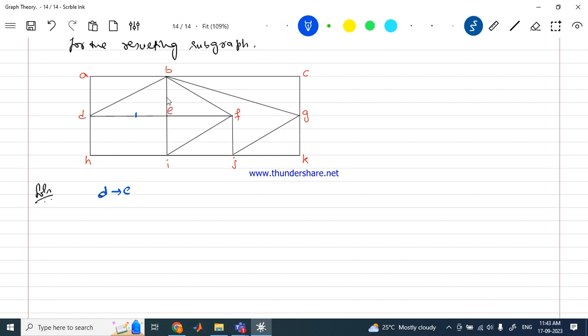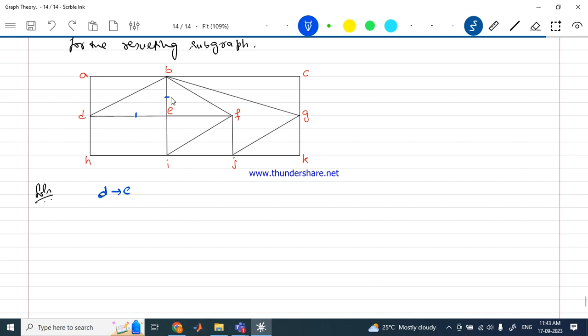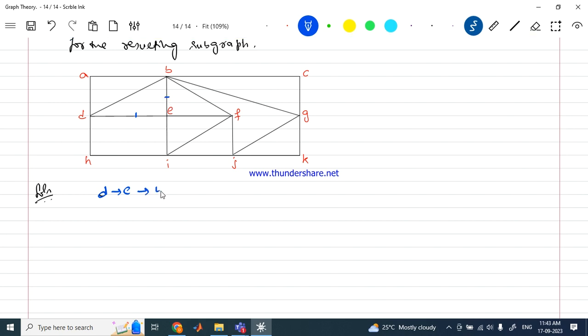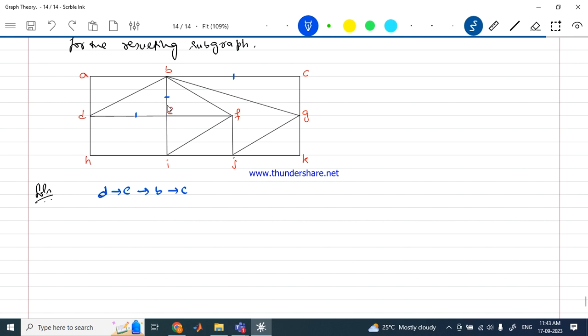If I just go up, E to B, B to C, and this is not the only way. You can just choose your own way. But the only thing is you're supposed to move on all the edges of the graph exactly once. That's why I'm marking them so that I don't move on those edges again.